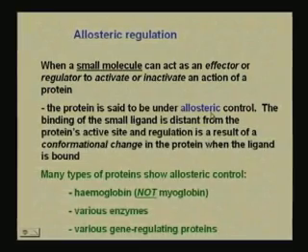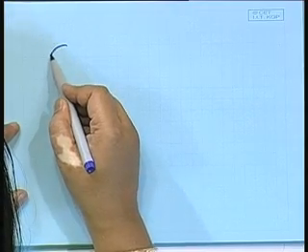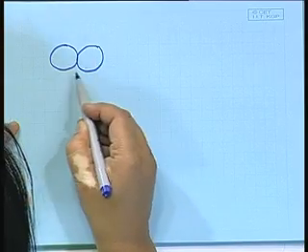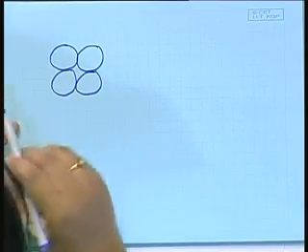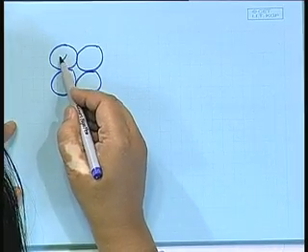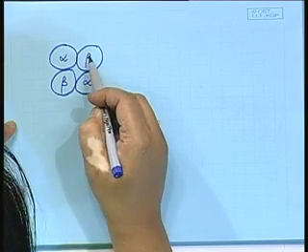This means that, for example, if I just show you what it means here, suppose we have our hemoglobin molecule. We have our hemoglobin molecule that is actually comprised of 4 different subunits. Now, in the 4 different subunits, this is something that we did in one of the earlier classes, we have 2 alpha subunits and 2 beta subunits.